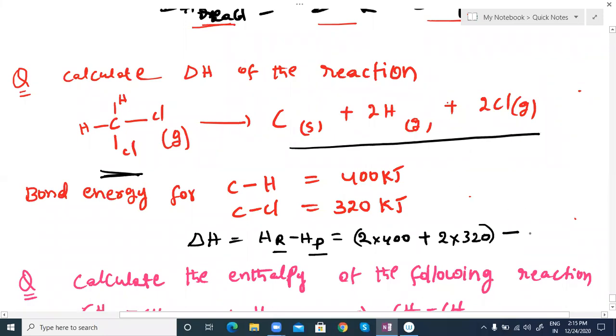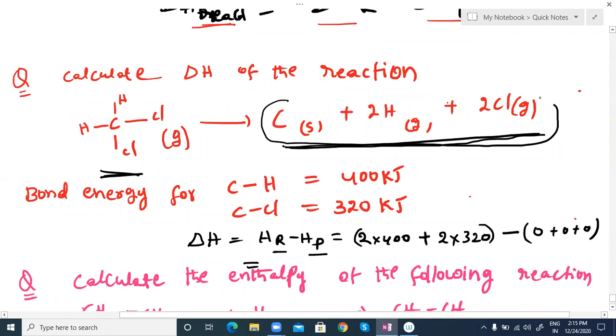That's why I can take all these as zero: 0 plus 0 plus 0. Then whatever answer you get, that's your final answer. Calculate. Because these are standard states, for hydrogen, Cl, all these, they are taking 0.